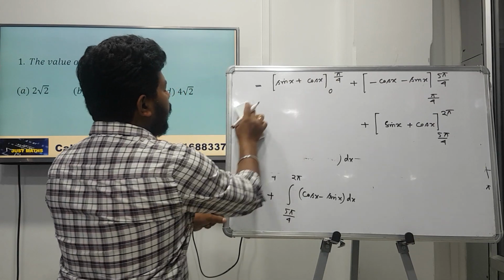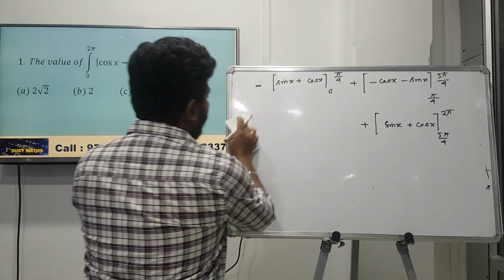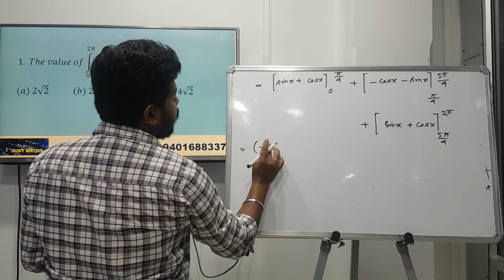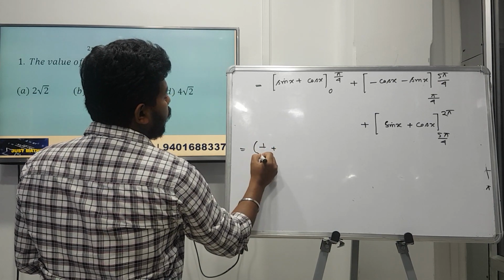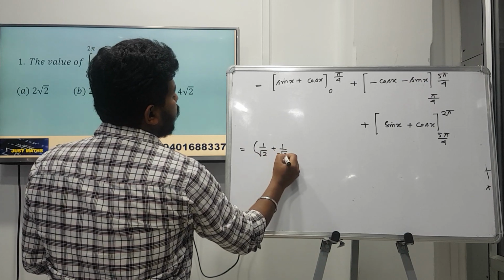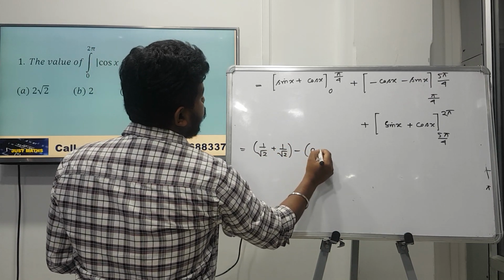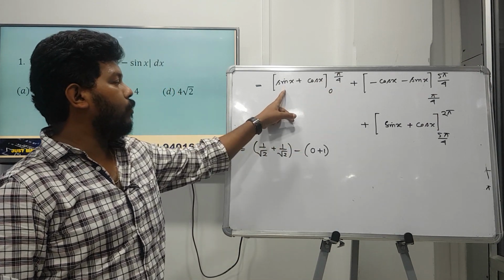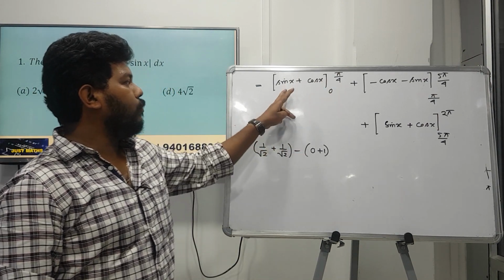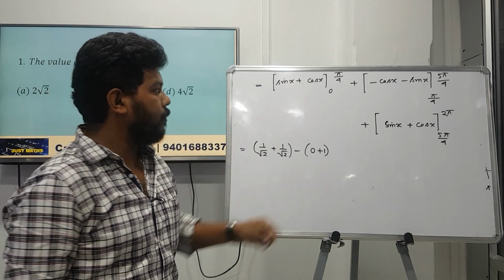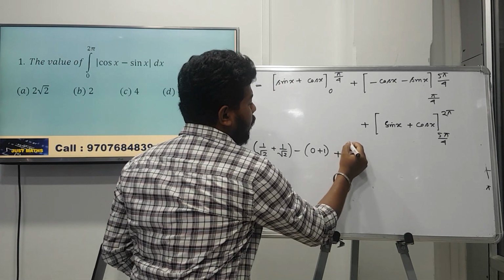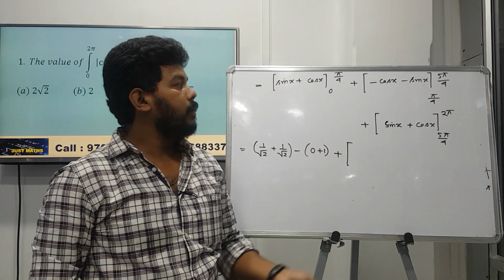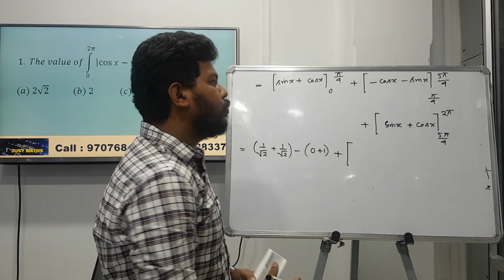Now put the upper limit and lower limit. You will get 1/√2 plus 1/√2 minus 0 plus 1. For 45 degrees, this is 1/√2, and for 0, sin 0 is 0, cos 0 is 1. Now put 5π/4, in the third quadrant, sin and cos are both negative.